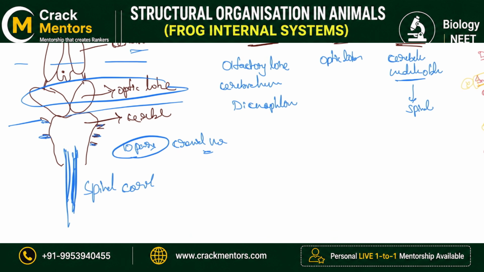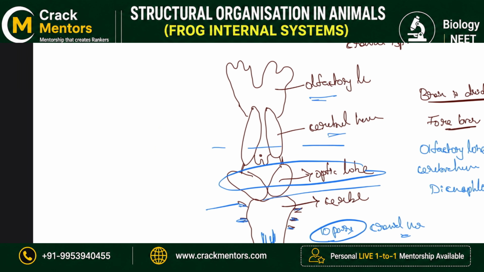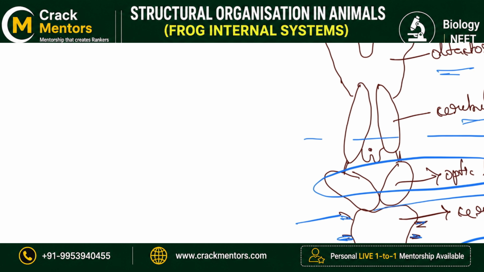Okay, we also have some endocrine glands in the frog. What are the endocrine glands? Those glands that secrete some hormones that work on some target tissue. Like we have different glands in our body, in the same way, frog also has some glands.